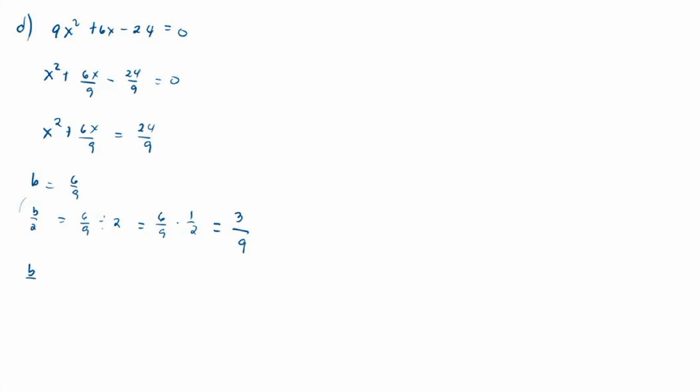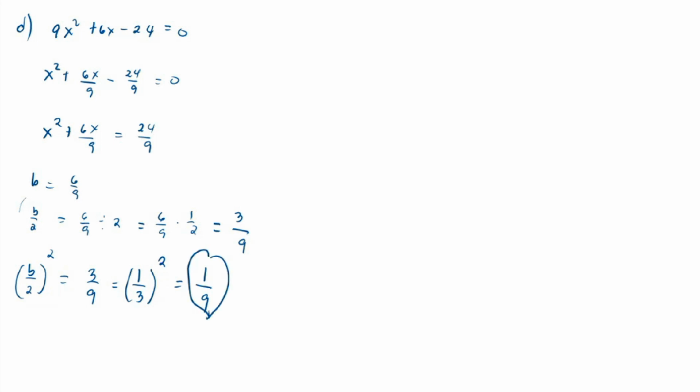Whatever the quotient of b over 2, we are going to square. Since b over 2 is 3 over 9, let's reduce it first. That is now 1/3, which is equivalent to 3 over 9. Then take the square. Squaring that gives you 1 over 9. So this is now the number to be added.